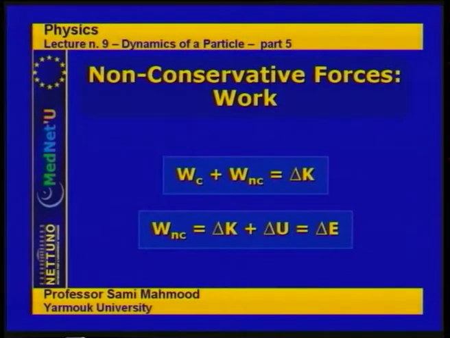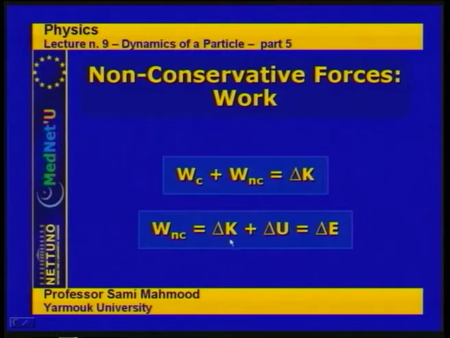And in this sense, we substitute for W sub C minus delta U, because this is the definition: delta U is equal to minus the work done by conservative forces. So if instead of the work done by conservative forces we substitute minus the change in potential energy and rearrange this equation, we arrive at the result that W sub NC, the work done by non-conservative forces, is equal to the change in kinetic energy plus the change in potential energy.